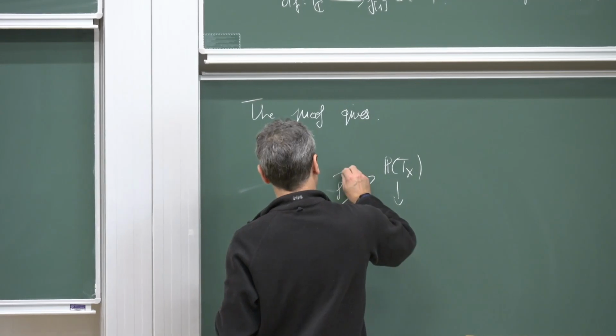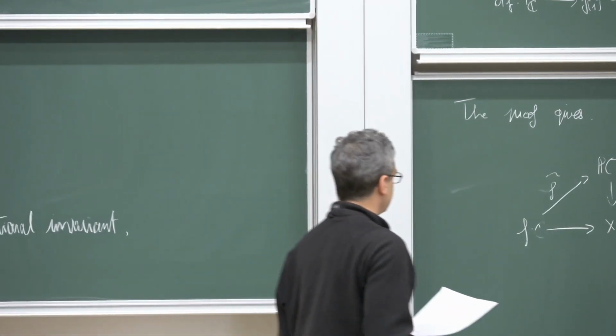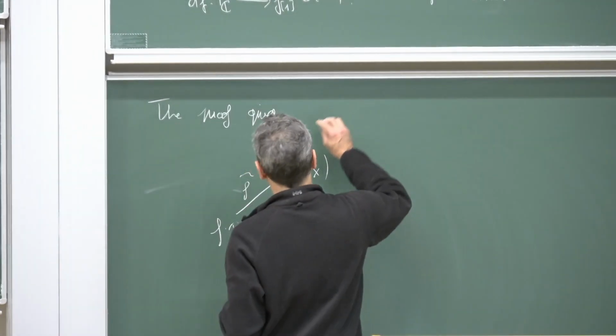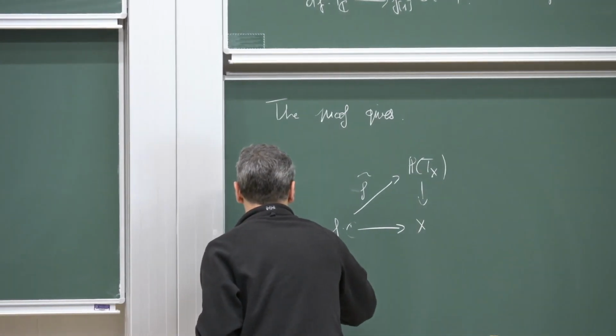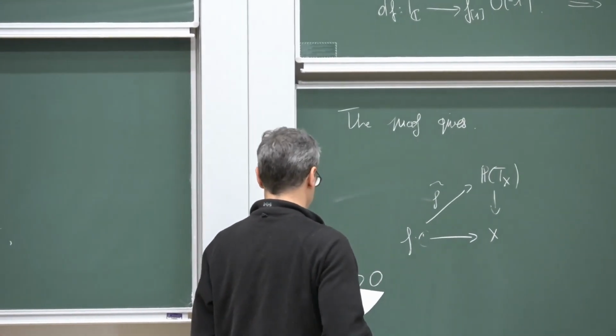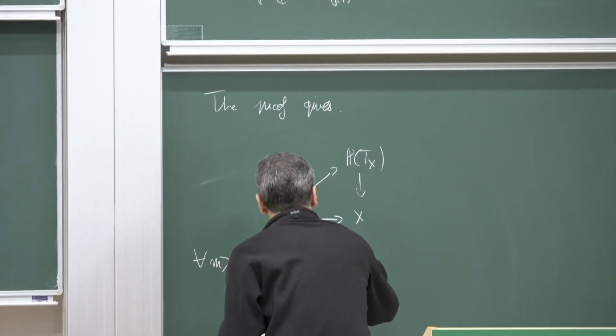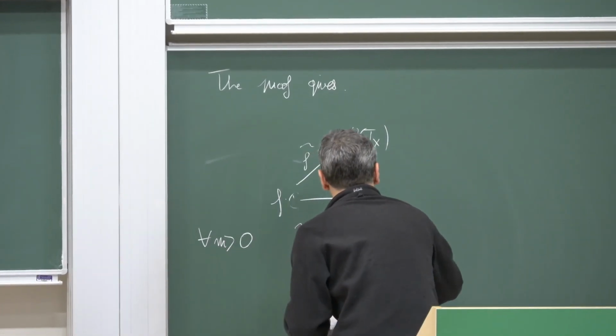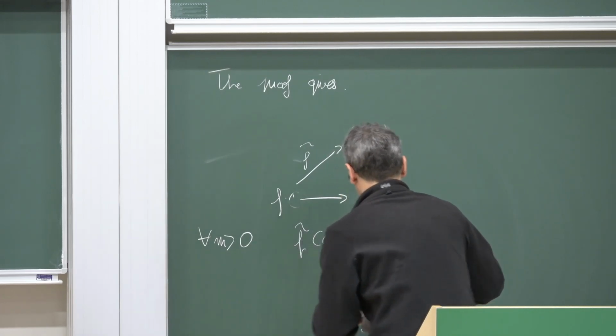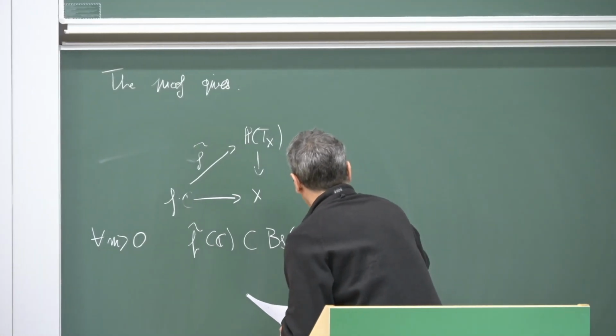So for any variety X and any m, the lift has to lie in the base locus, in fact, of this bundle.